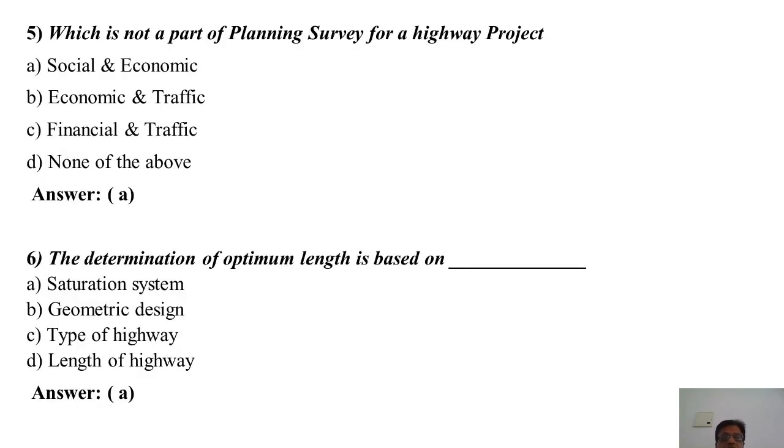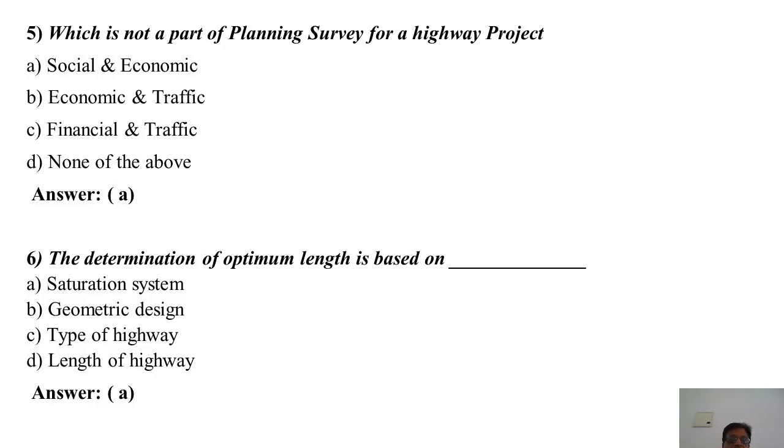Which is not a part of planning survey for a highway project? Social and economic, economic and traffic, financial and traffic, none of the above. Answer is social and economic. You are doing economic and traffic, financial, but you are not doing the social survey.